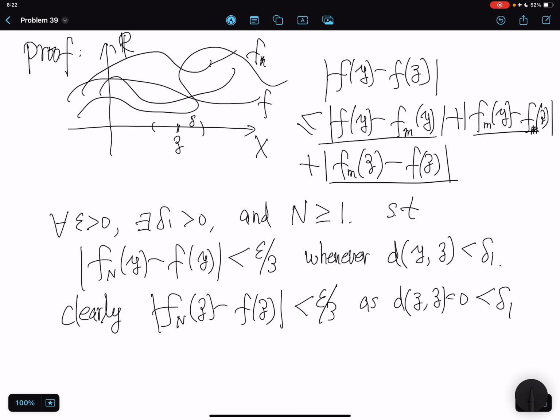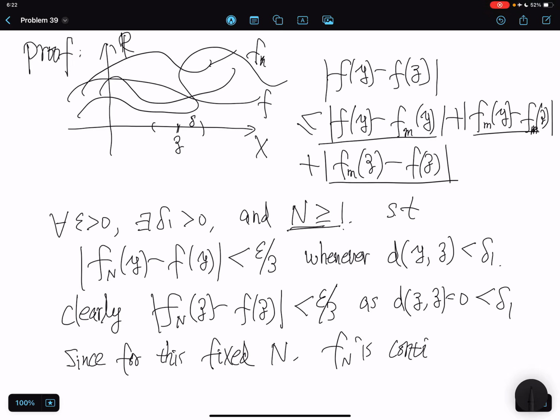So now, for this fixed capital N, f sub n is continuous by assumption. It's a sequence of continuous functions, right?